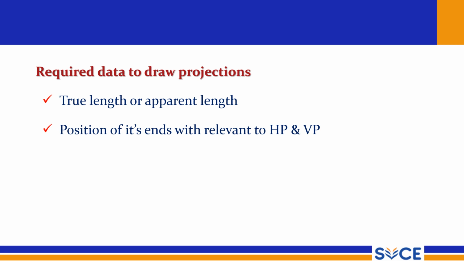Without that we cannot proceed to solve these types of problems. Its inclinations with HP and VP. There are two inclinations right now. One is theta, the inclination with respect to HP. The other is phi, the inclination with respect to VP. Only these two we are going to discuss now.